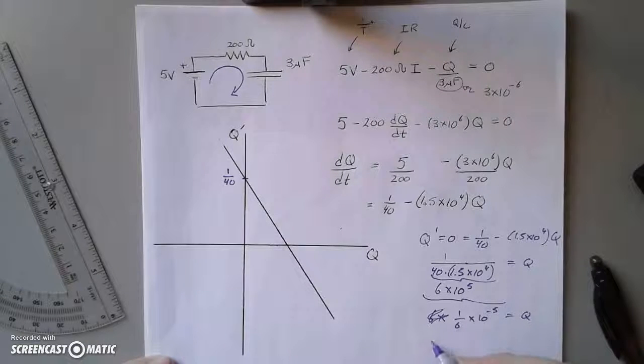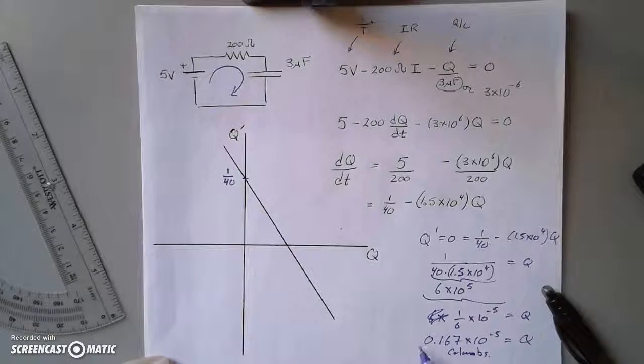That's like 0.167, say, equals Q. Of course, this is coulombs. All right, so that would be our equilibrium.